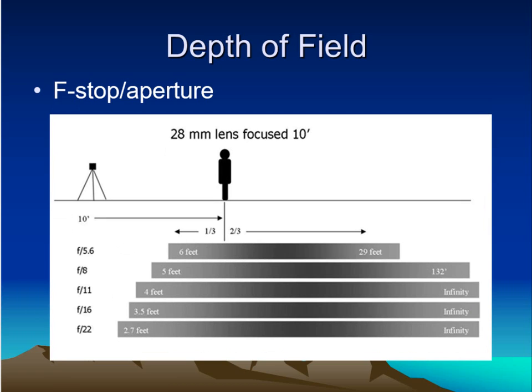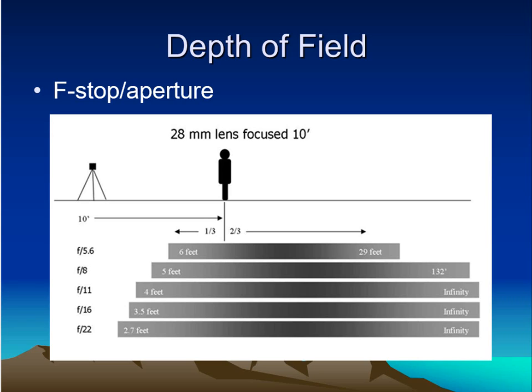Now, let's go back to that wide-angle lens has more depth of field concept. And this is back to the 28 millimeter lens, also focused at 10 feet. Look what happens here. f5.6, 6 feet to 29 feet. But by the time you get to f11, 4 feet to infinity. We didn't get there with the 50 millimeter lens.